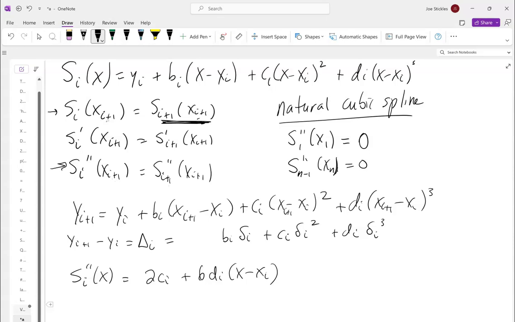So we're left with 2c sub I plus 1. That's all that's left in that one. When we put x sub I plus 1 into the ith polynomial, you'll get 2c sub I plus 6d sub I delta sub I.